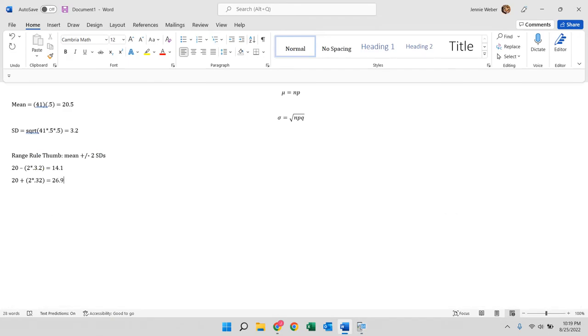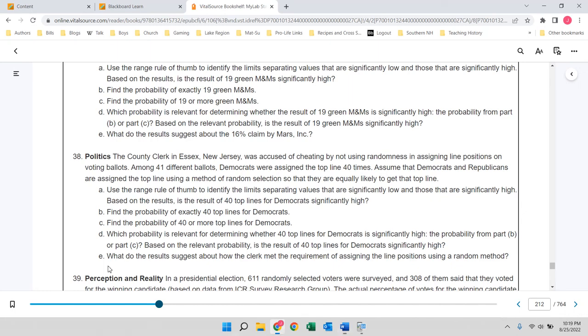So if it happens more than 26.9, it's significantly high. Our value was 40. 40 is well over 26.9, so it is significantly high. And we can see that whatever it was, the county clerk was not randomly assigning. And so if we're going to consider that cheating per se, it would fall in the lines of that.